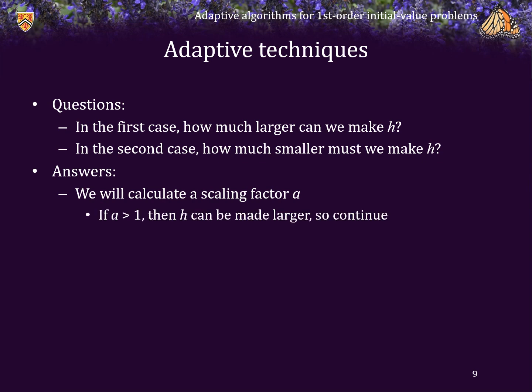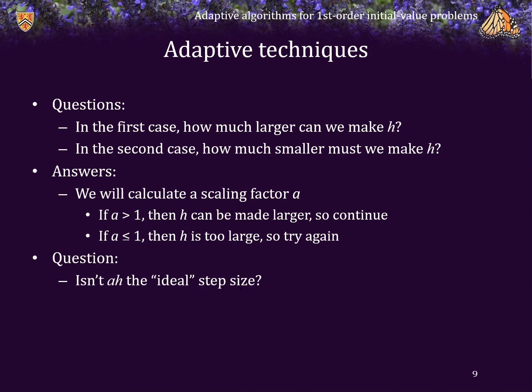Now, if a is greater than 1, then h can be made larger by a factor of a, so we just continue. However, with the next step, we use a times h. If a is less than or equal to 1, then h is too large. So we're going to try again, this time with a times h.